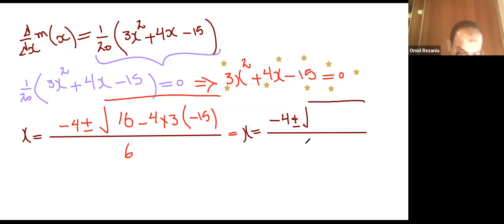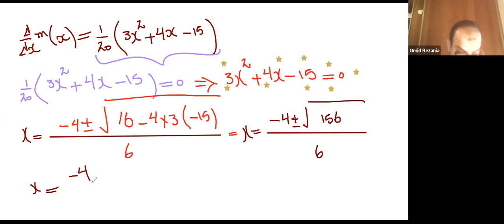I think 180, but let's make sure that's going to be the right answer. We have 35 times 4. Sorry, it's 140. Then we have plus 16. It's 156 divided by 6. Then we have x equals minus 4.